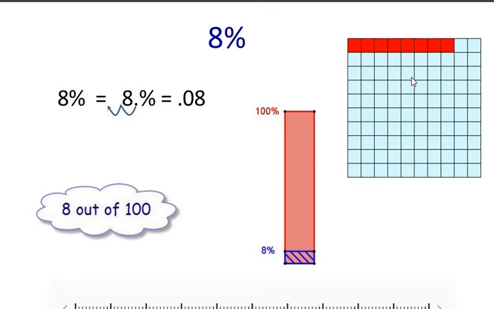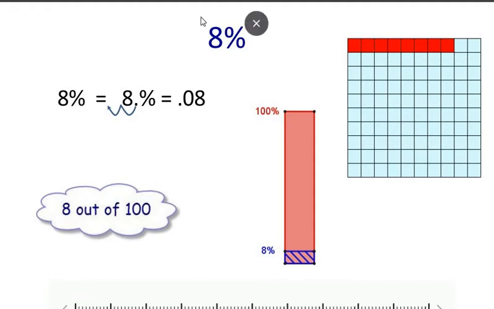This grid is a model for the hundreds in decimals. If we look at it as a column of 100, we can notice that 8% only fills a small part at the bottom of this column, just 8 squares from the whole 100 squares.